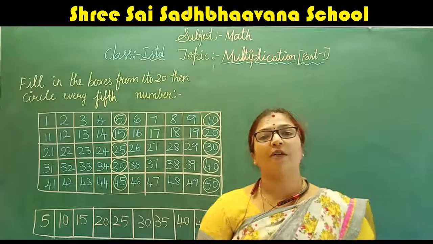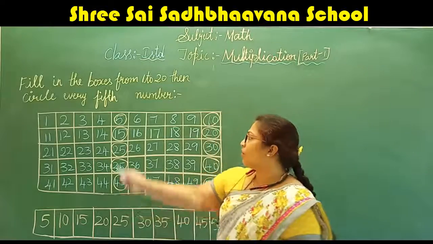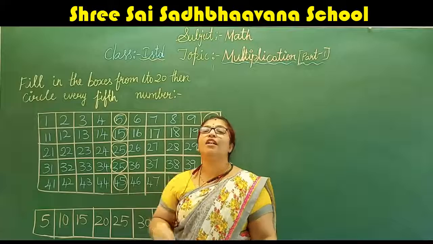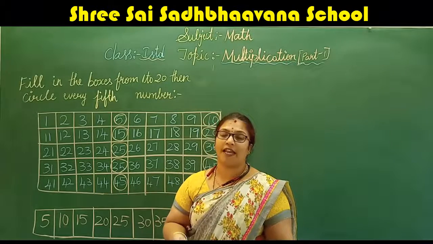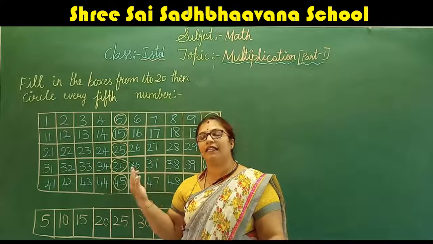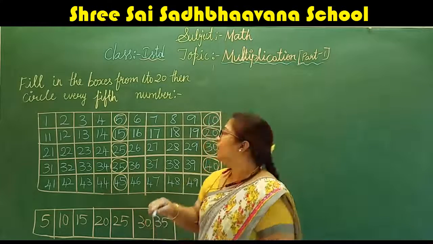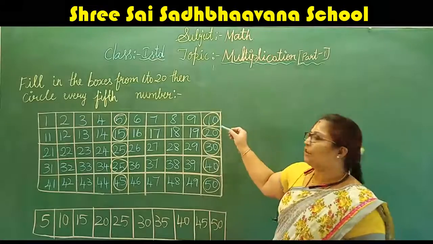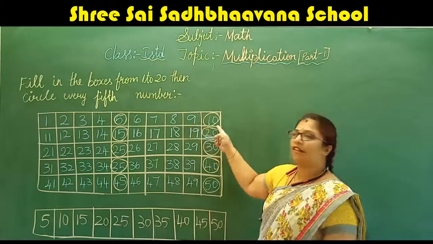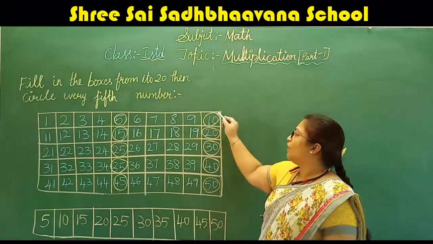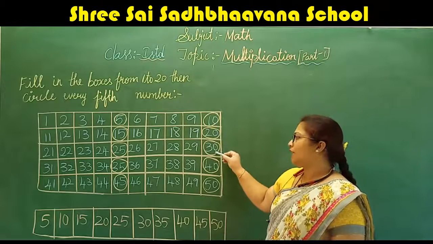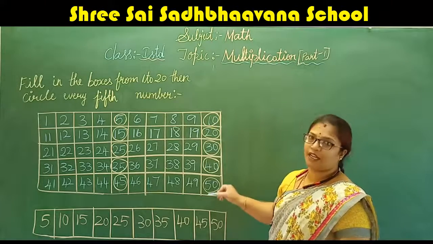How you have to do it is the same way. If you take the numbers 1 to 100, you have to skip 9 numbers and circle the 10th number. So 1 to 9 you skipped, and the 10th number is 10. So you circle and write 10, 20, 30, 40, 50, like that.